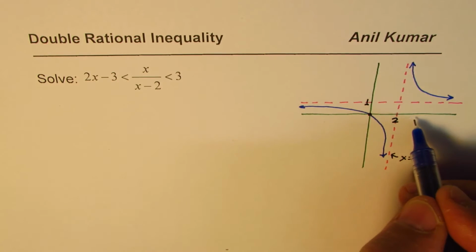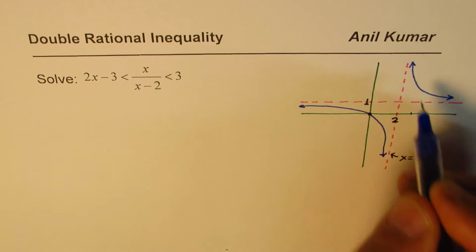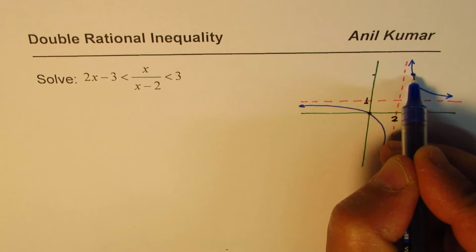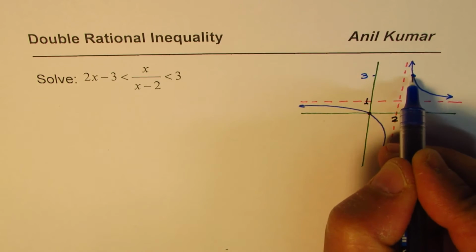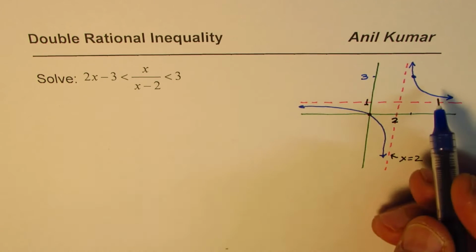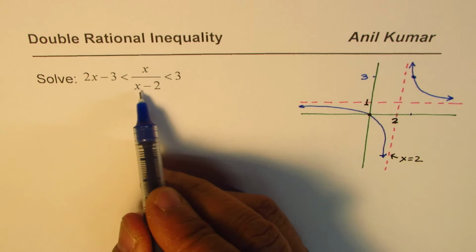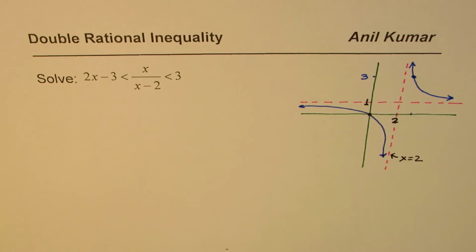So this point is at 3 for us, and it will be kind of there. That helps to sketch the graph. So we have the function x over x minus 2 on the graph.